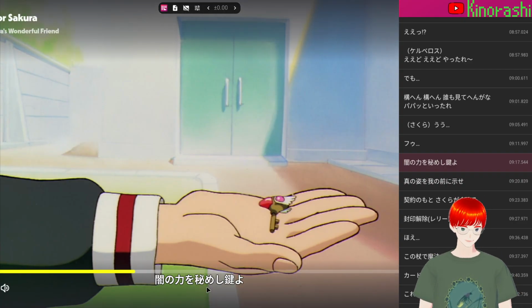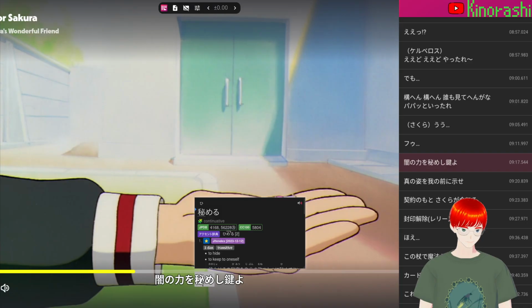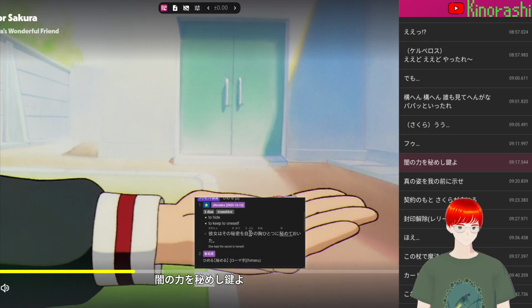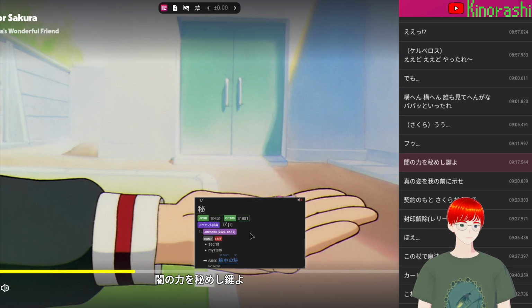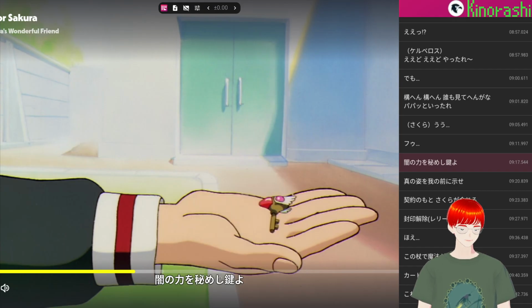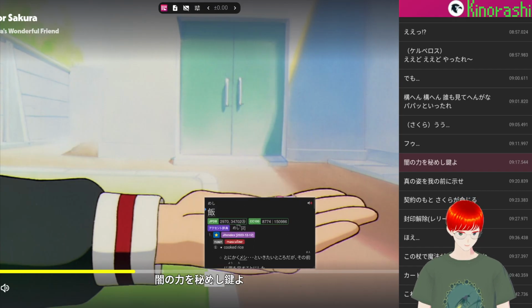Himeshi kagiyo. Himeshi was himeru. Too hard to keep to oneself. Himeshi was an archaic way of conjugating this into the past form, if I remember correctly.